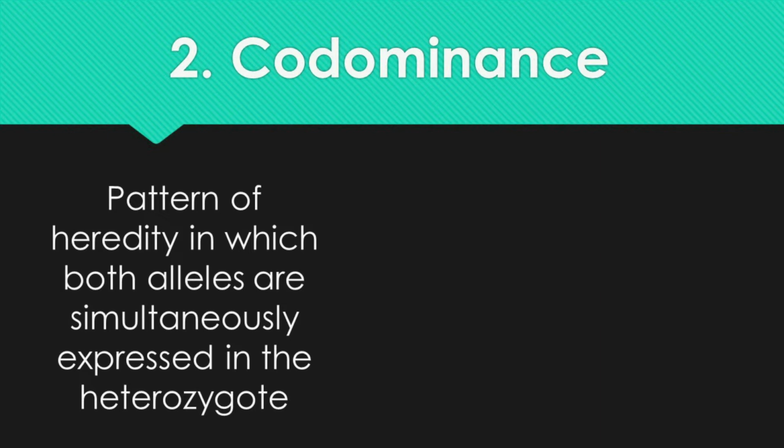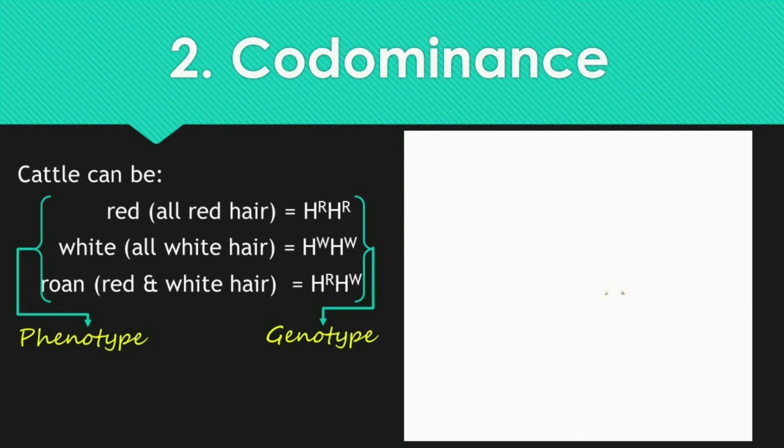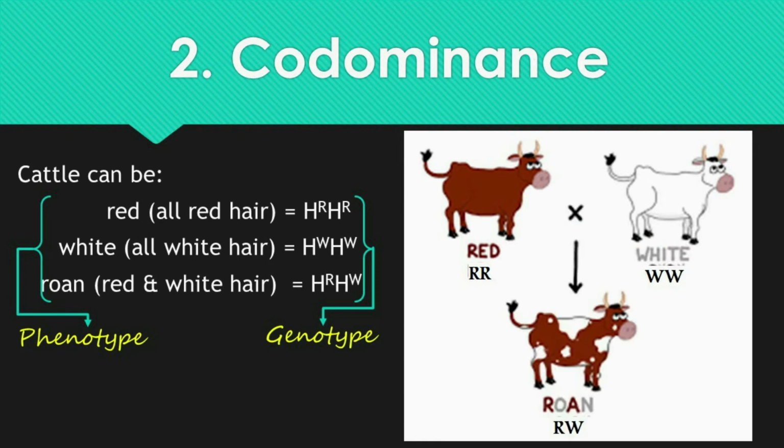The heterozygous offspring or heterozygote exhibits the trait of both parents. A good example of codominance is a roan. A roan is a cattle with both red and white fur or hair. When a red bull is mated with a white cow, they will produce roan offspring displaying white and red hair simultaneously.